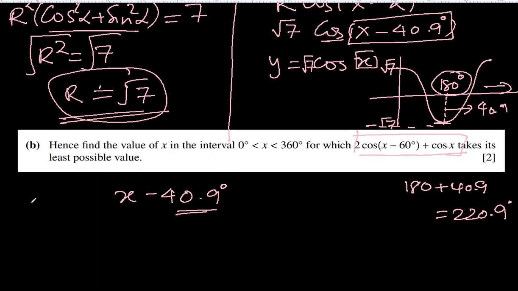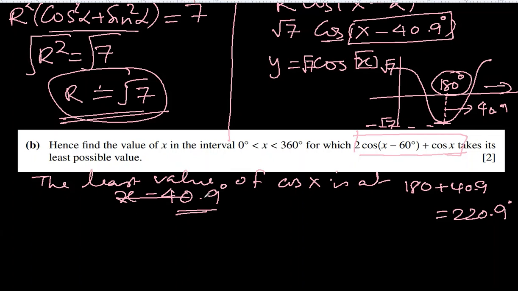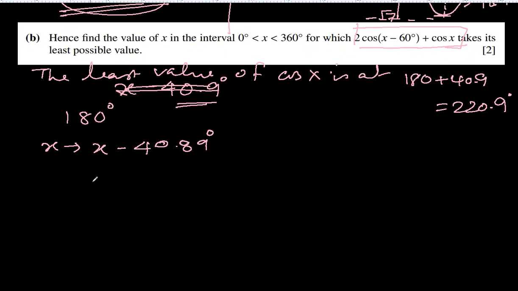We have to show it on paper. So we will say the least value of cos x is at 180 degrees, right? But when it is not x, it is x minus 40.89 degrees, the least value.